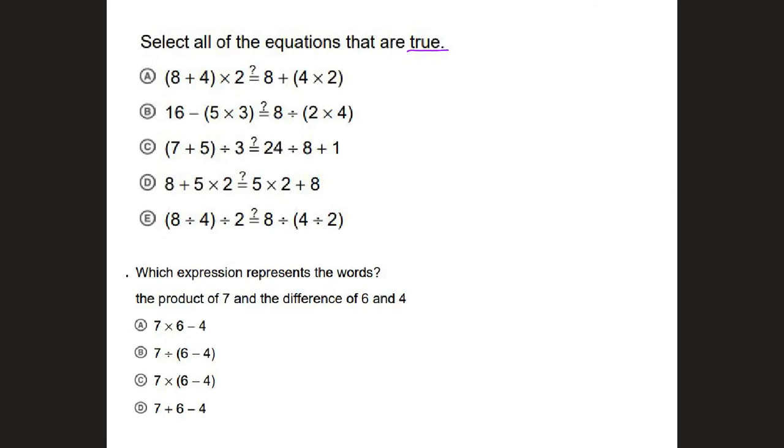Here, I'm looking for the equations that are true. Let's start with A. And I find my equal sign. I know one side has to be the same as the other side, or both sides have to be equal to each other. Again, we are doing order of operations when evaluating or solving an equation or evaluating an expression. And I have a parenthesis here, 8 plus 4.